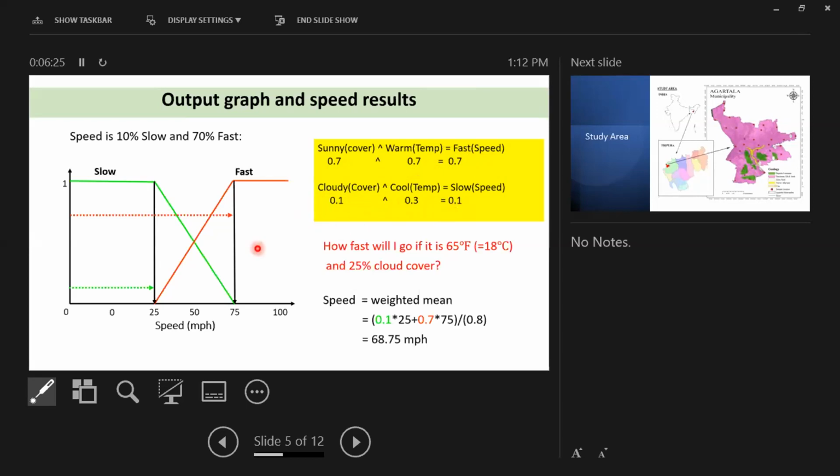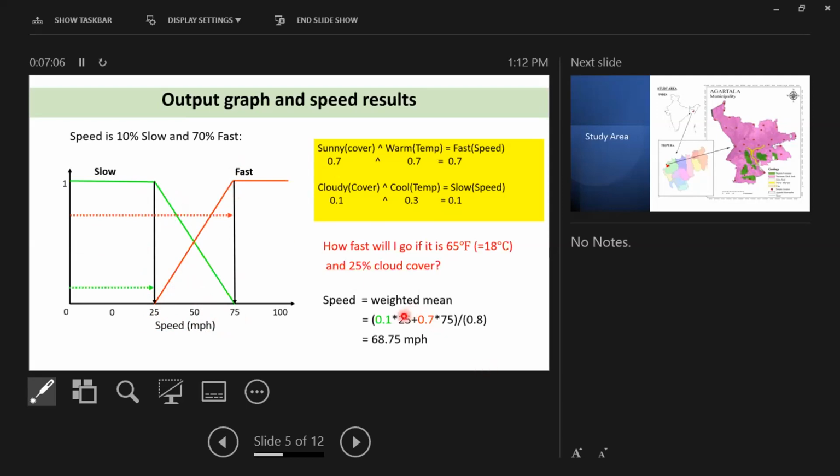If we look at the graph, this slow and fast membership function can be given by an expert like a traffic police. According to the expert, a speed of 25 miles per hour is too slow, and 75 miles per hour is too fast.